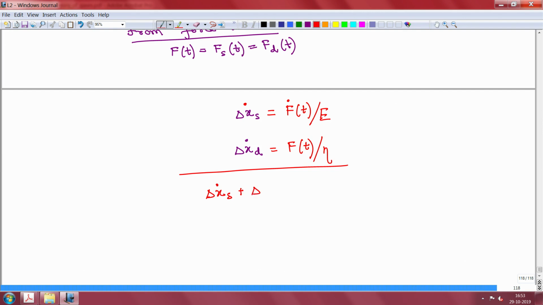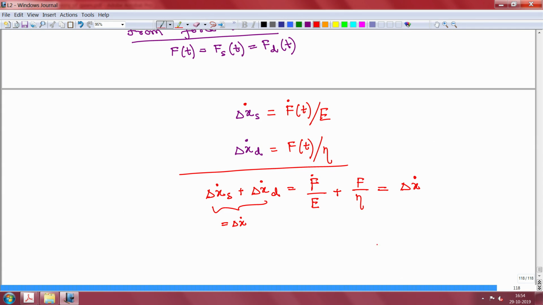plus delta x d dot is equal to f. I am not going to use this t because that is sort of understood. So, I am simply going to write this as f dot, and you have f by eta. But we know from the geometric constraint that this quantity right here is equal to your delta x dot.